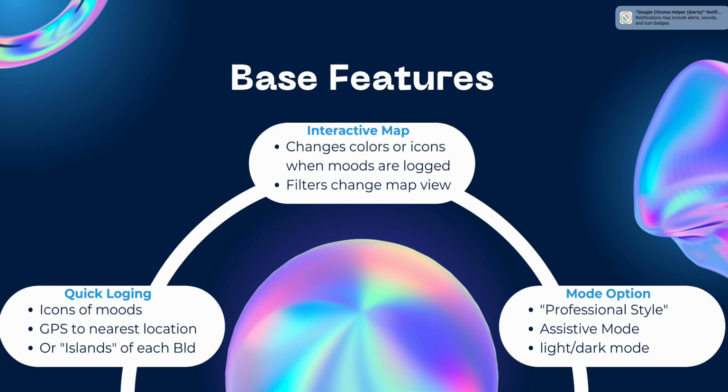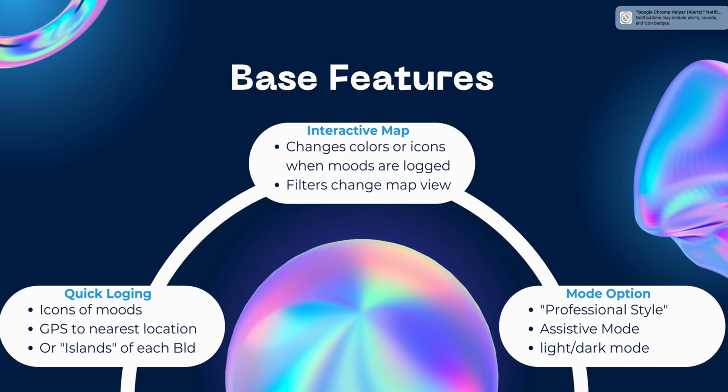Then they input their mood, which affects the map and shows an overall spread of the general mood in a certain area. That's where the quick login comes in, where the user can quickly pick where they are and put their mood, and that would affect the map itself.